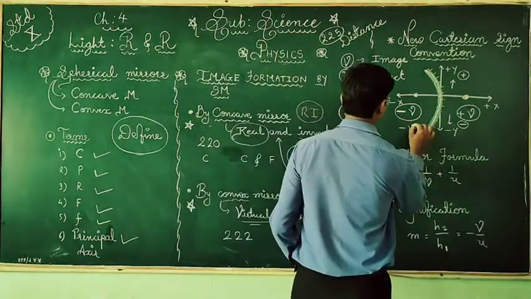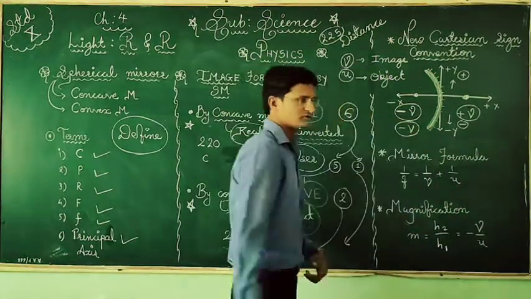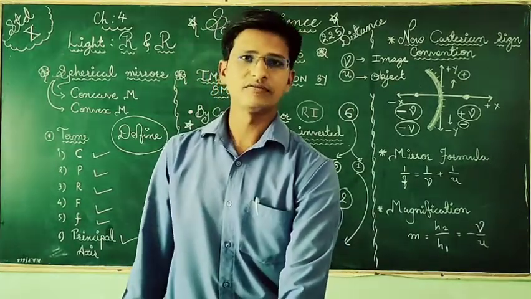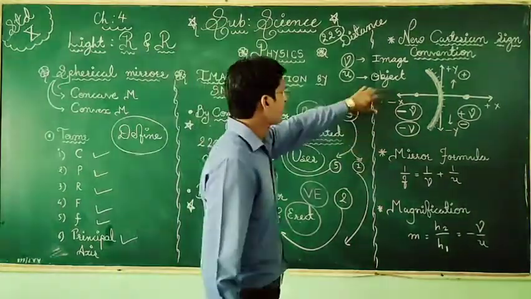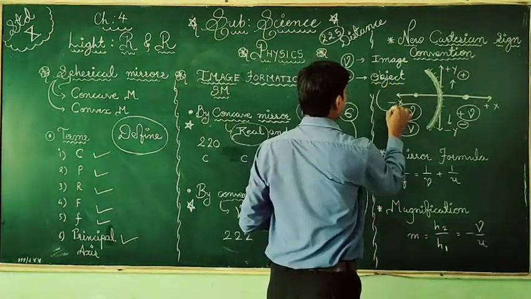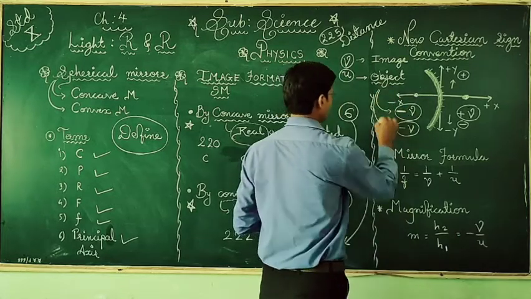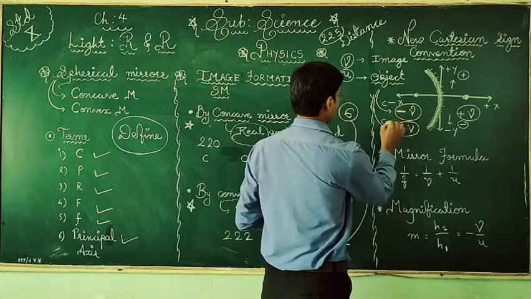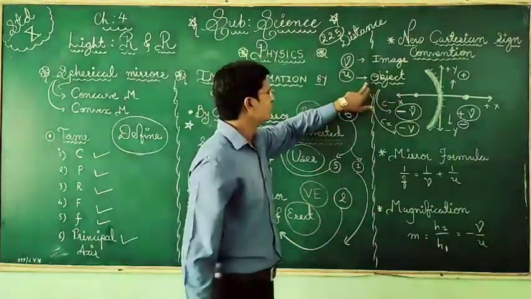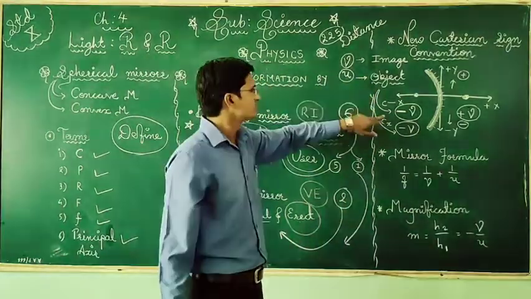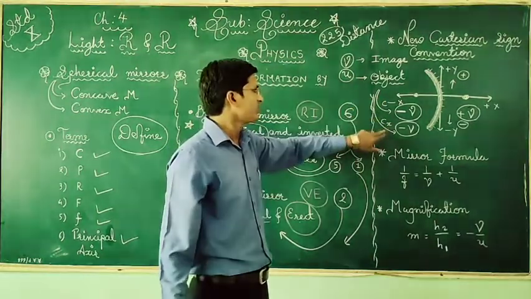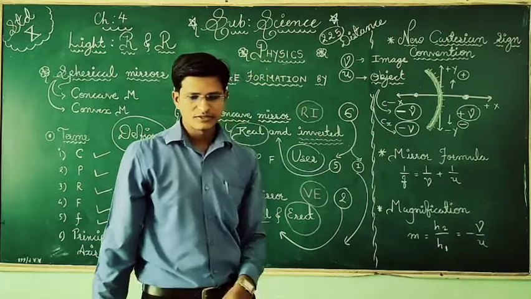Both are negative. Object distance will be negative in both concave as well as convex. Please see here once again, so that it is clear.